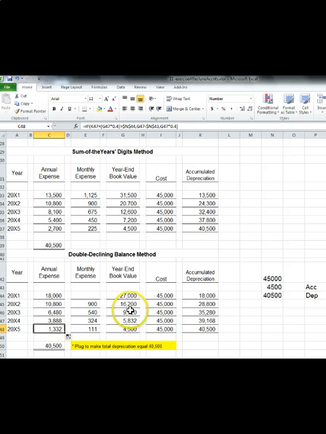It took K47, so let's go to K47. It took this accumulated depreciation at the end, and it added the normal depreciation expense for year 5. And if you recall, that had been something like $2,332.